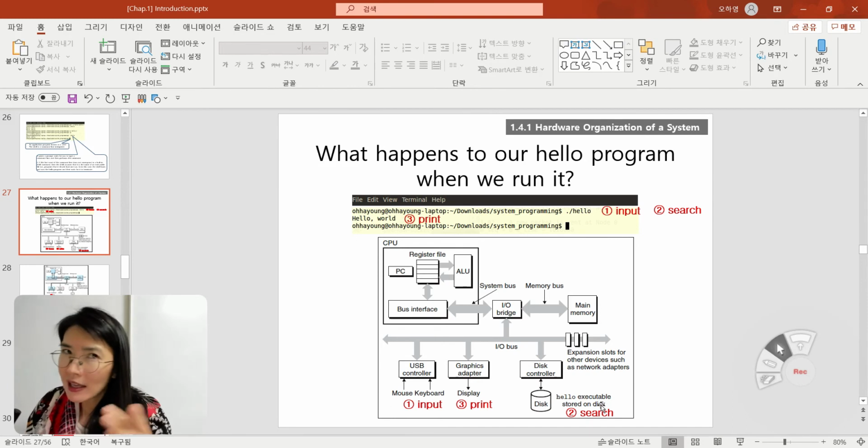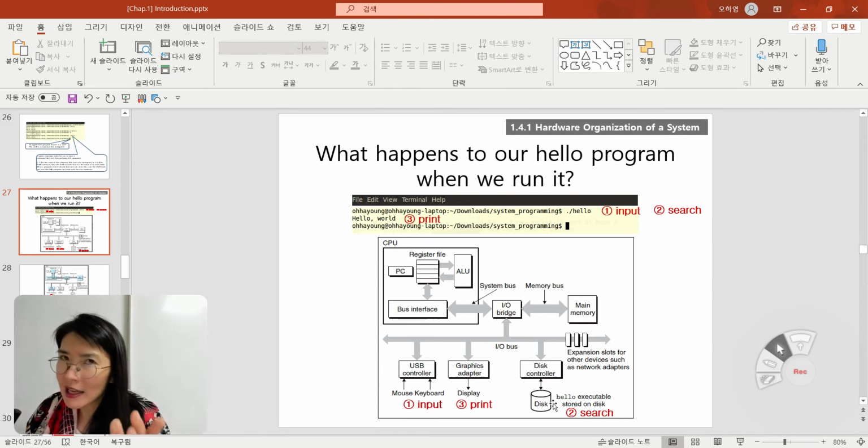In a previous video we successfully made our own hello.c file, right? So our disk has hello.c, and if we successfully compiled our hello.c file, we also have the execution hello file on our disk. So the shell program tries to find your hello execution file stored on your disk.